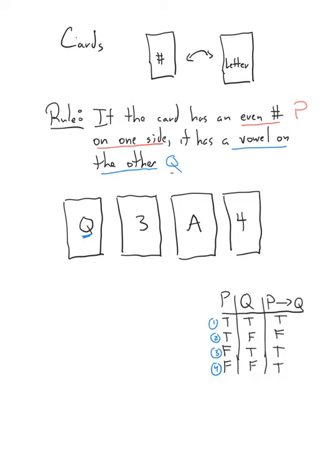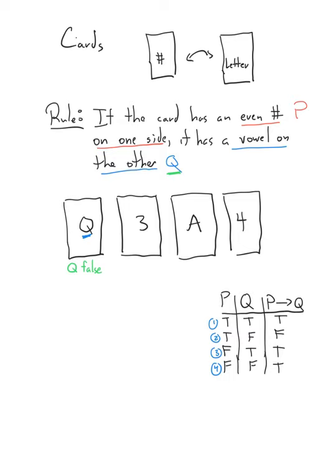Hopefully that's not too confusing. But the then part Q, maybe I'll do that in green, is false here. The then part is false since it doesn't have a vowel on that side. Well, if it doesn't have a vowel, which rows have Q false? Row 2 and row 4.